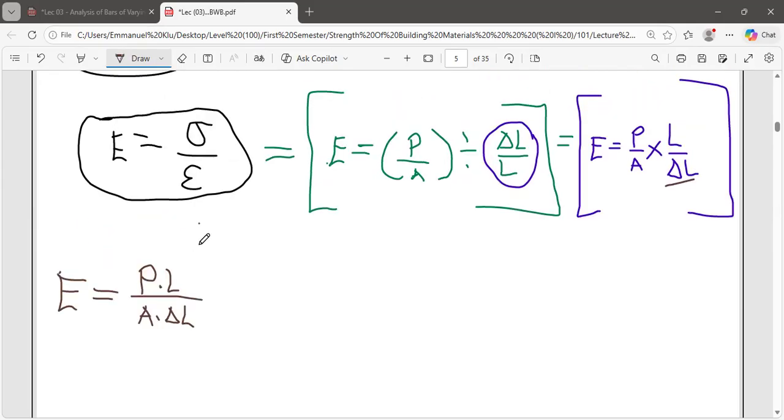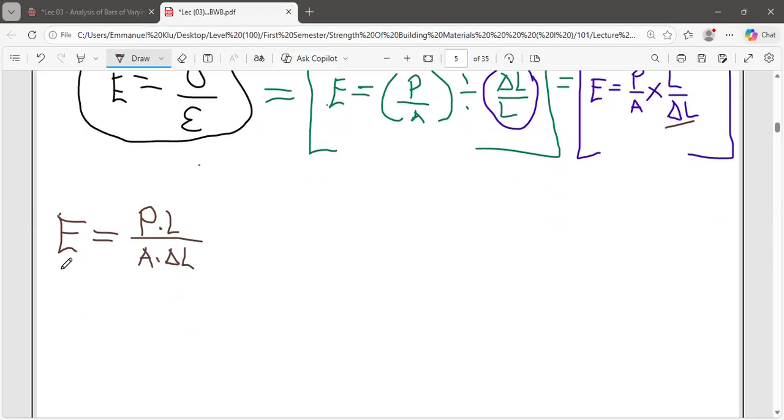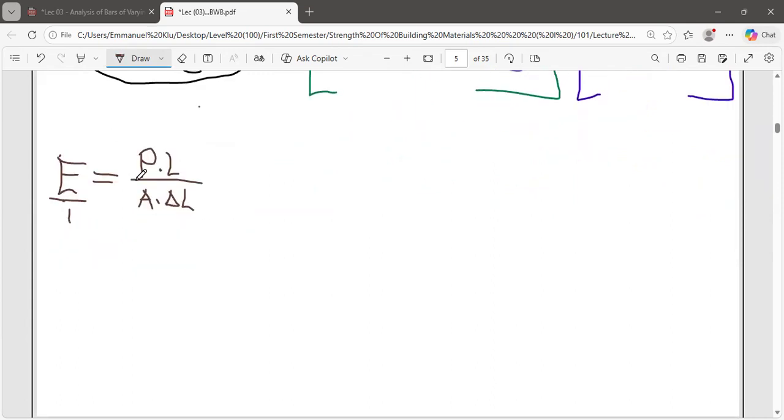So finally, we want to make the change in length the subject. I told you that this over here is over 1, but we don't write it. Because of that, we are going to do cross multiplication. So this E is going to multiply everything over here.